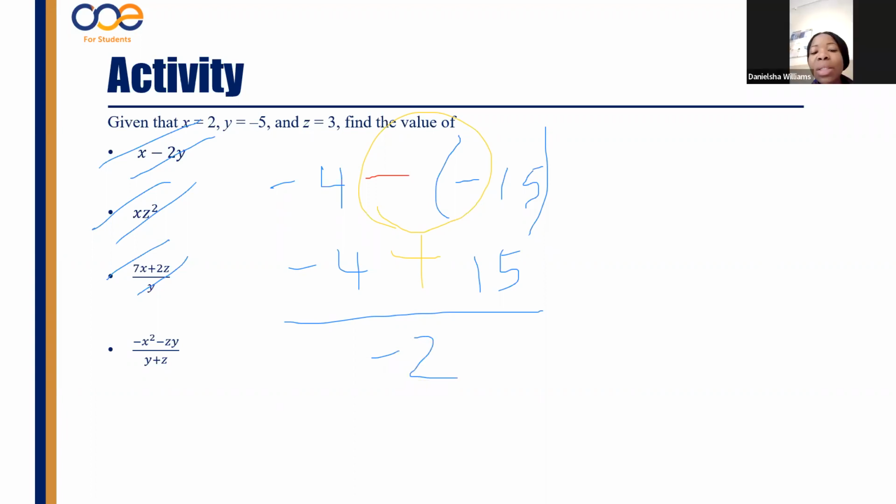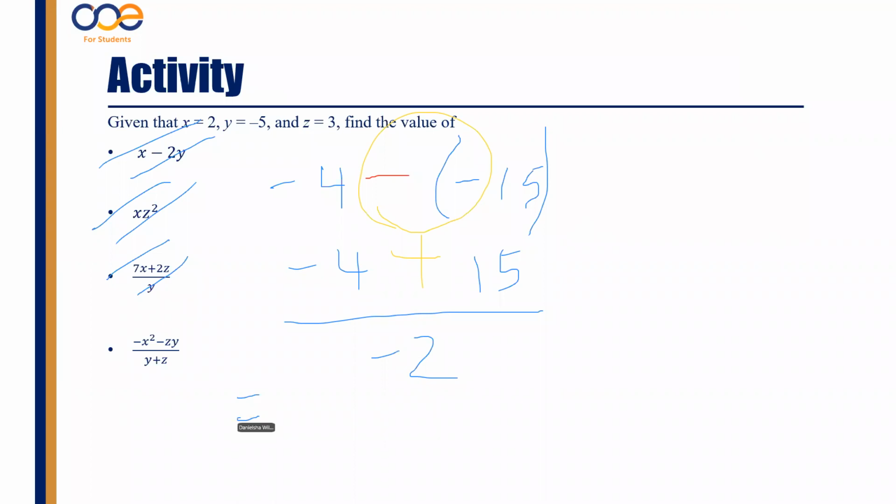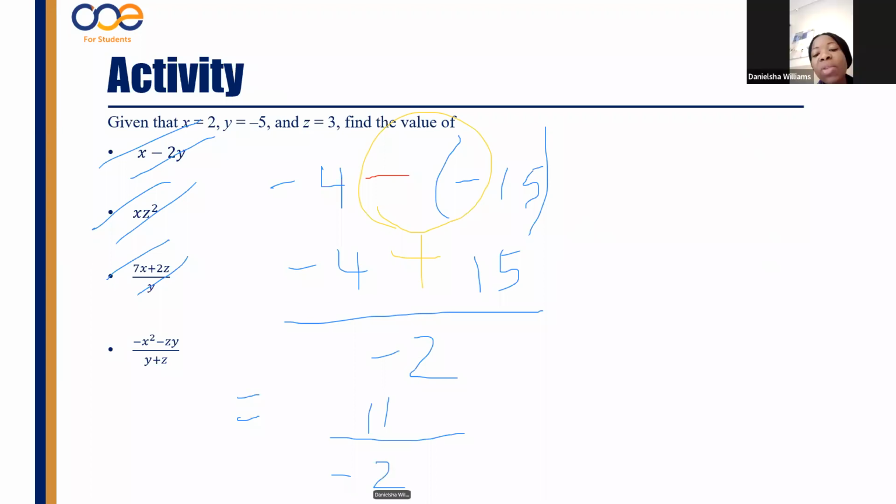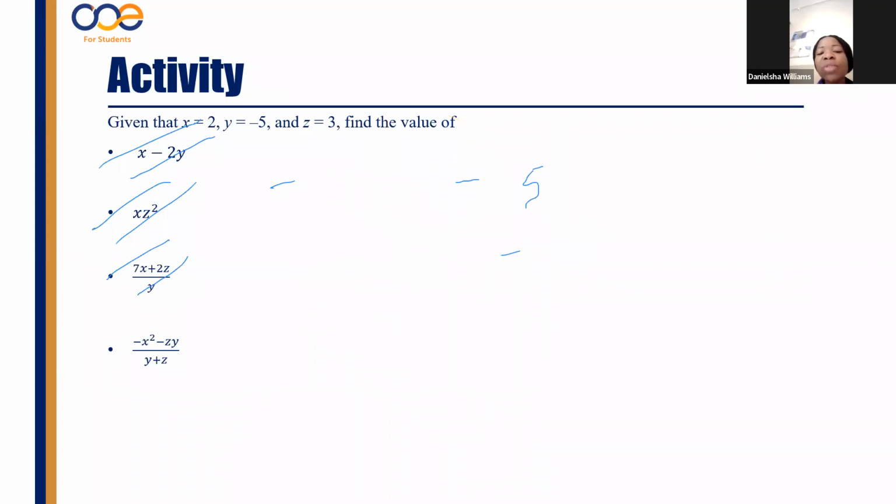Okay, and negative 4 plus 15 is equal to? 11. So we can leave our final answer like this, or if you want to write it as a mixed number, you can go ahead and do that. But that choice is yours. Any questions so far as we're in our final minutes of class?